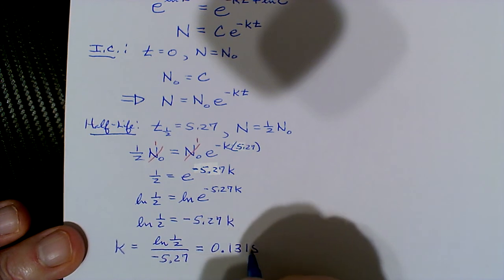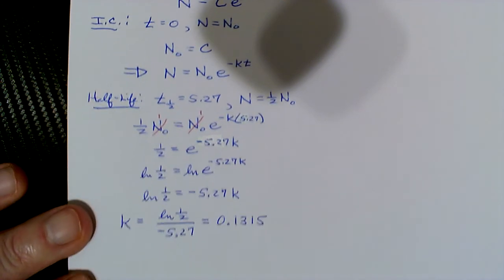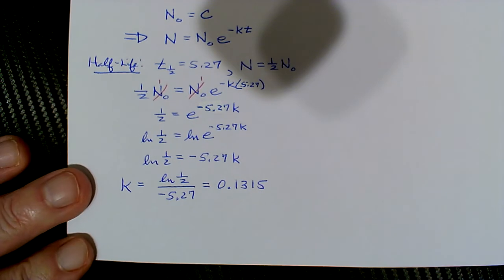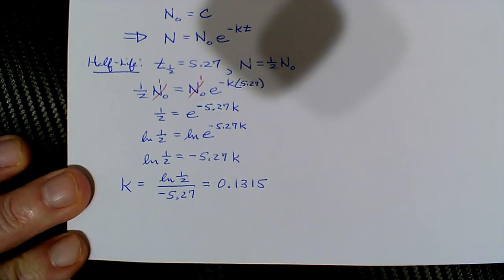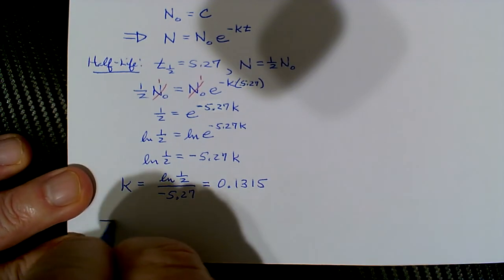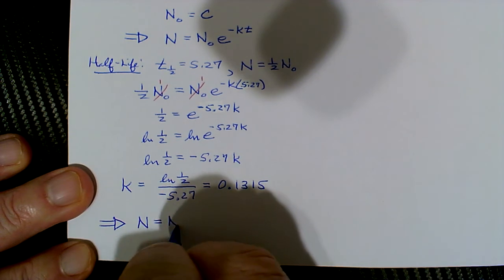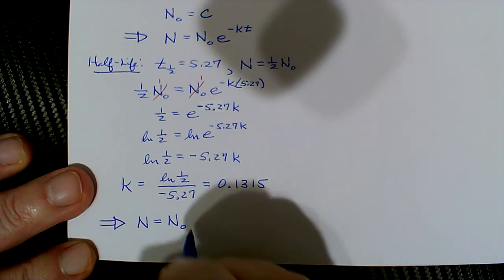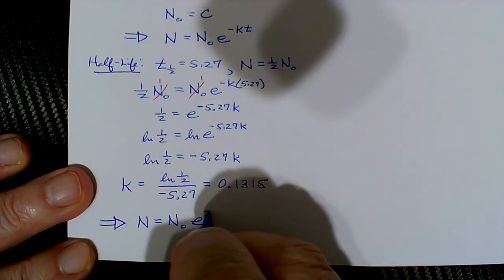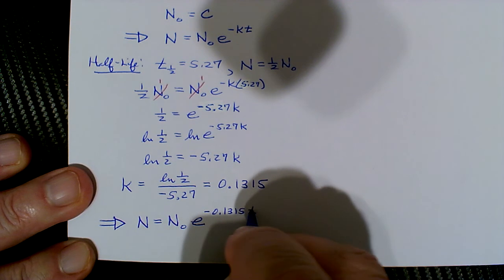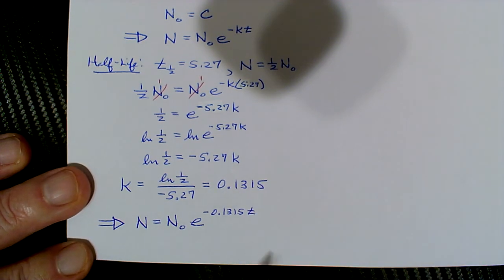I don't want to lose much accuracy, so carry it out to 0.1315. And so now that gives us the formula for n in terms of the original amount, n sub 0 e to the negative 0.1315t. So that's the amount at any time.